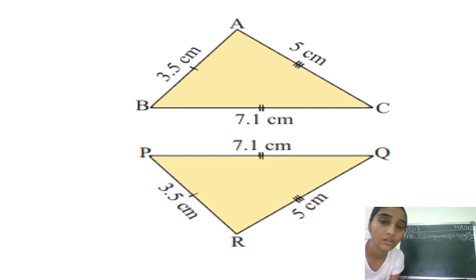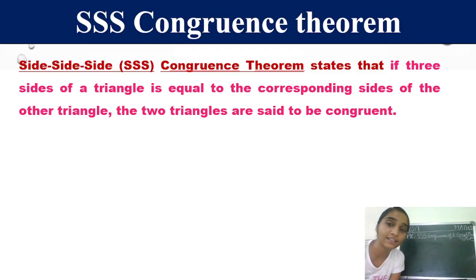Okay. So now based on it, we will be moving on to the SSS congruence theorem, which states that if three sides of a triangle are equal to the corresponding sides of another triangle, then the two triangles, students, are said to be congruent.